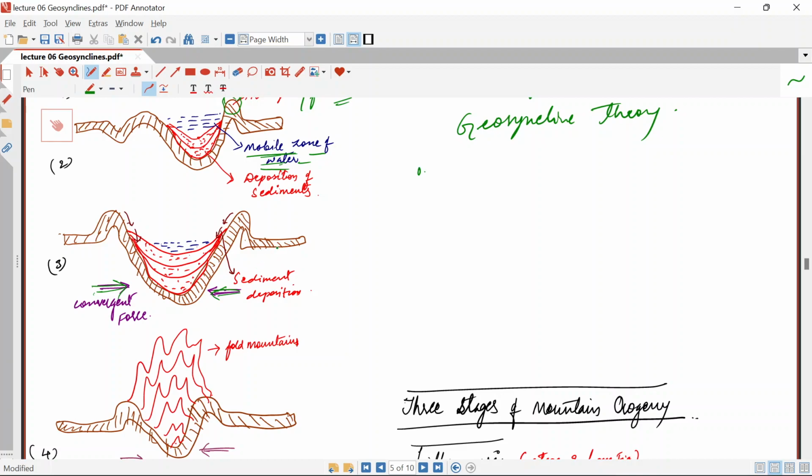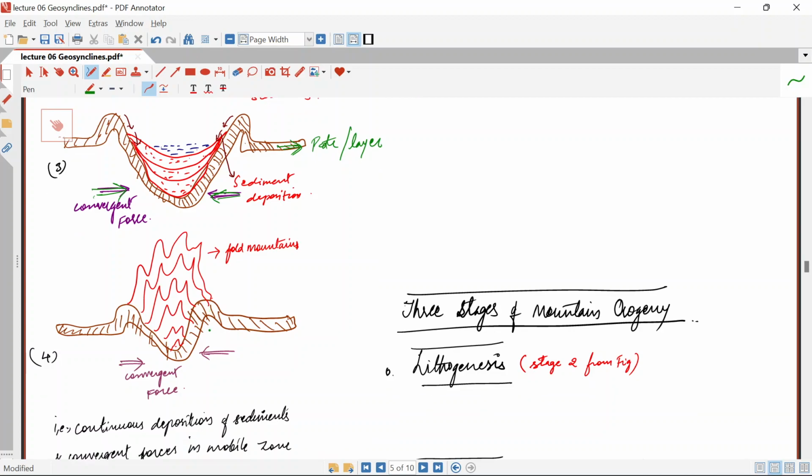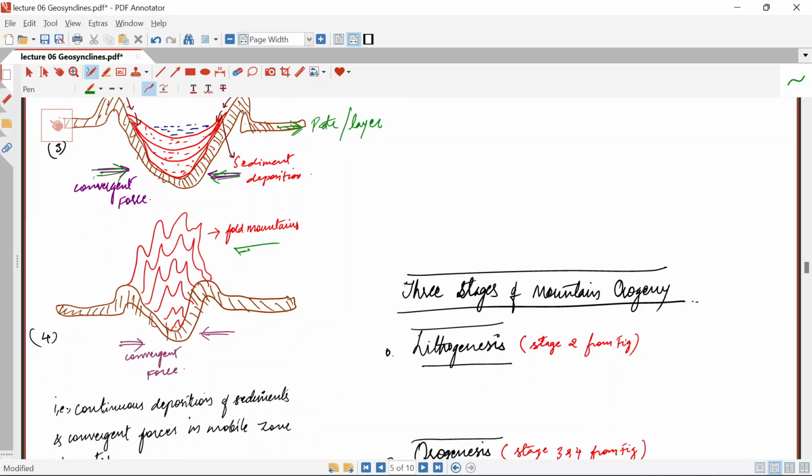If we consider this as a plate or the oceanic layer, it has a geosyncline or sedimentation. Due to compression of this sedimentation, an intense rise takes place. In the next figure we can see that due to the compression there was a rise of mountain, and it formed as a fold mountain.